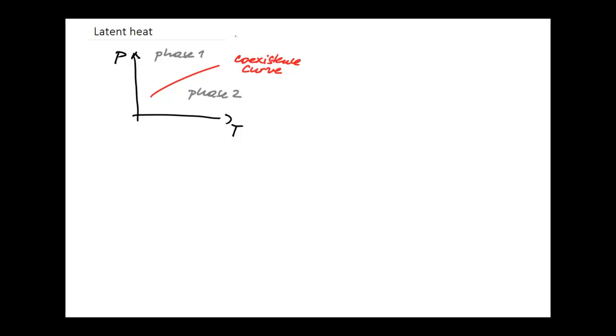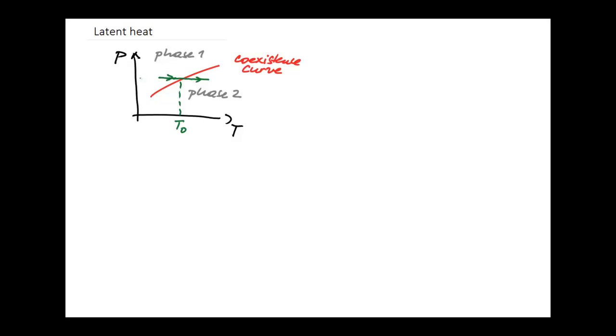And now let's consider a process where we cross this coexistence curve, and we do that at a constant pressure. So at constant pressure we increase the temperature, and at a certain temperature T0 we cross the coexistence curve. There we have a phase transition.